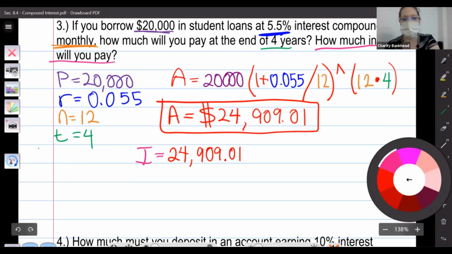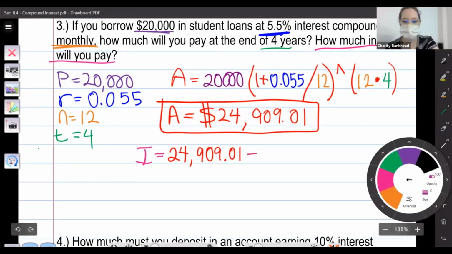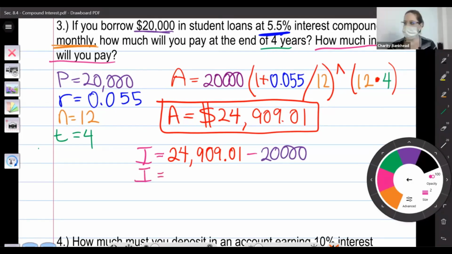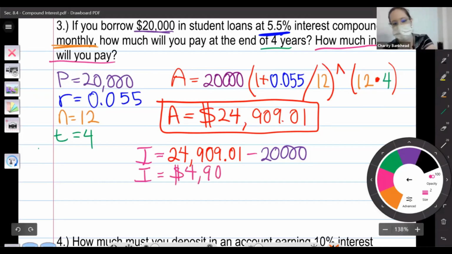And that will give you the amount of the interest. So the interest in that case is $4,909.01.